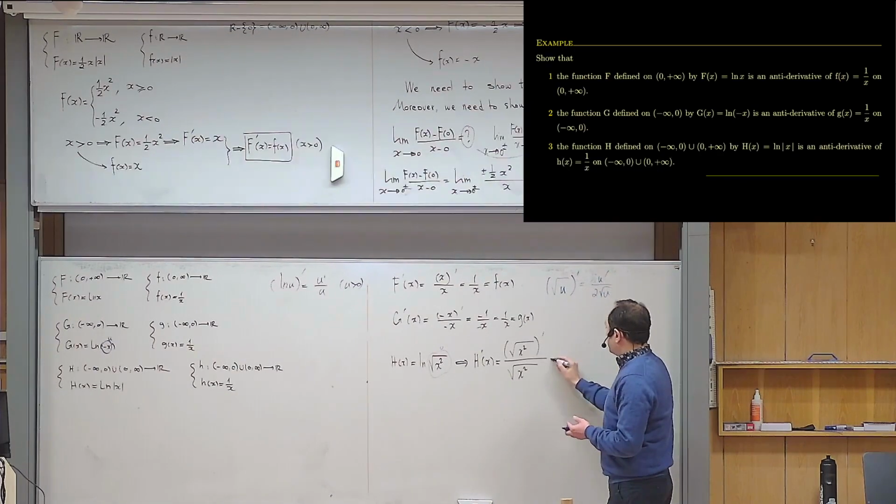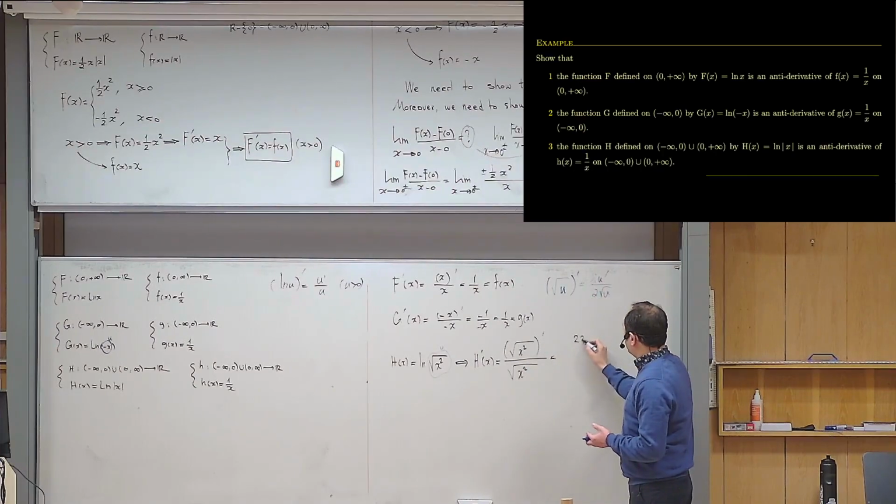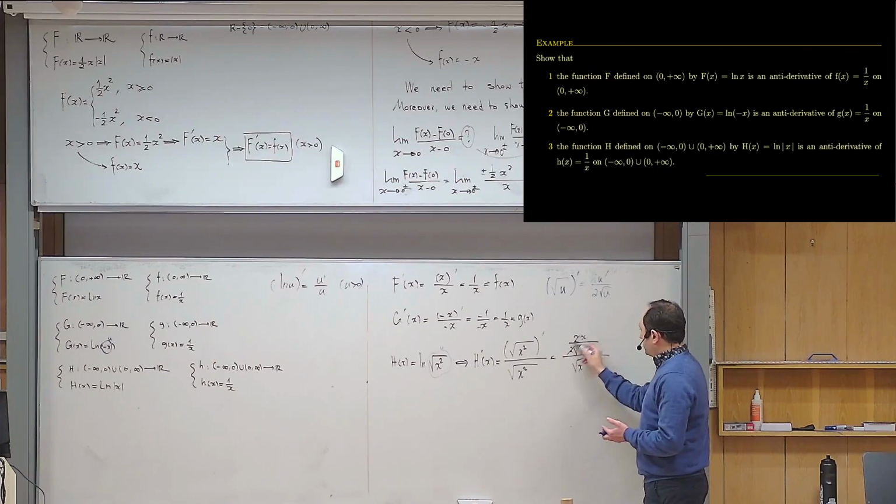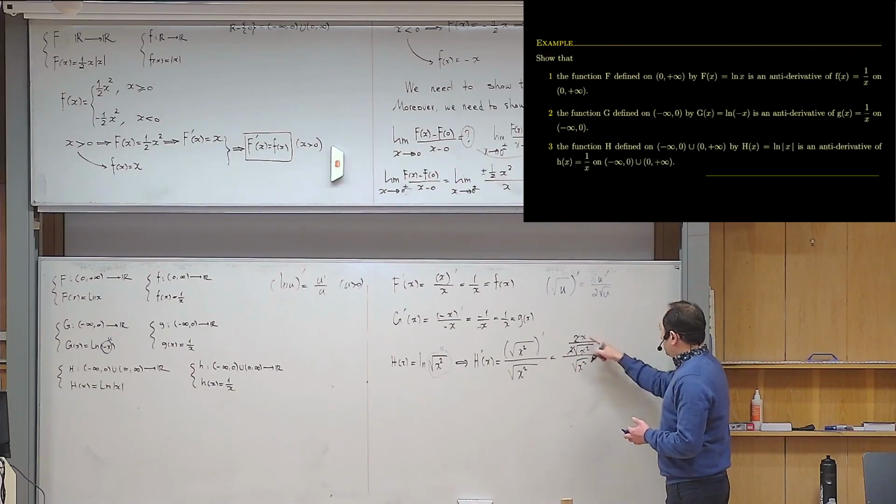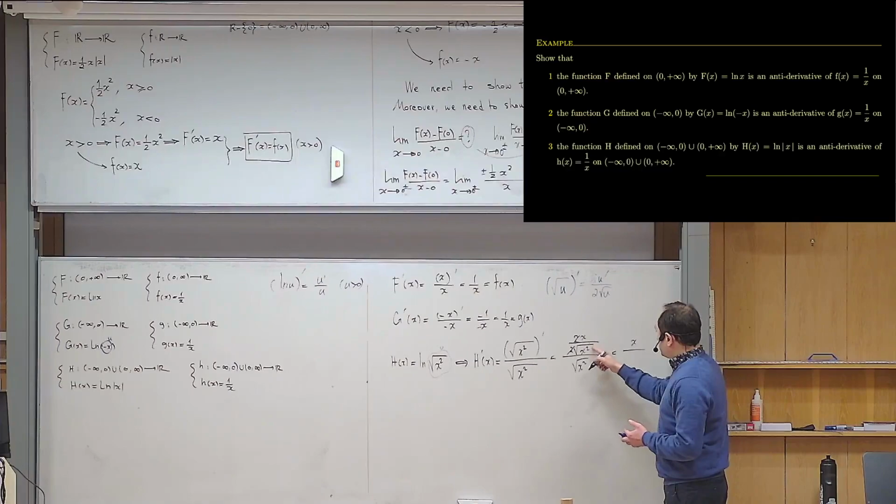I give the role of u to x squared, so u prime becomes 2x divided by 2 square root of x squared. And then these 2 and that 2 are gone, so this x is here, and this square root of x squared will be multiplied there.